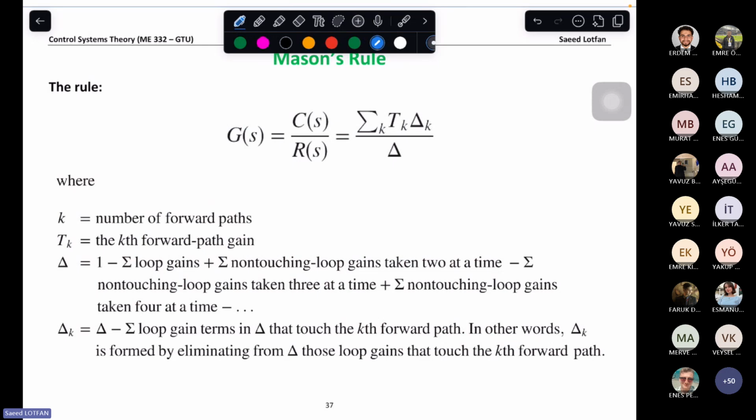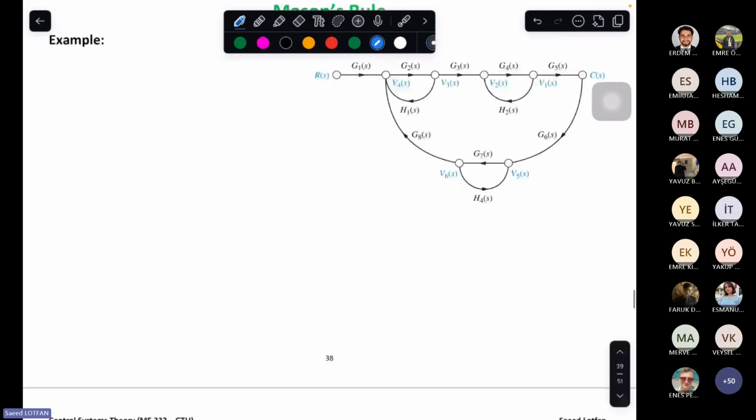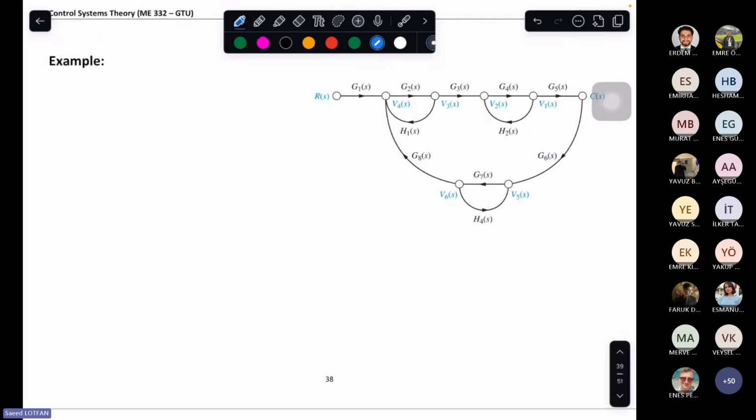I will show it with an example, okay? It seems very complicated, but with an example, I can explain exactly what this relationship is. Let's look at this one. What should I do? First, I find the loop gains. I have this loop here: G2, H1. I have the second loop here, G4, H2.